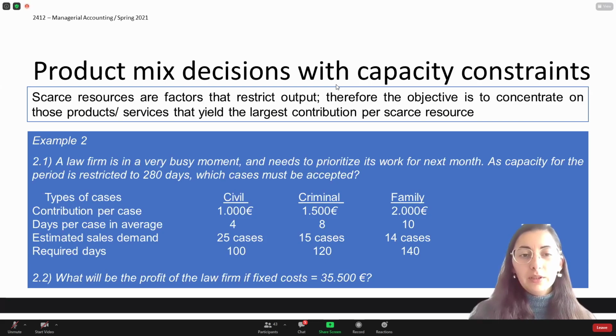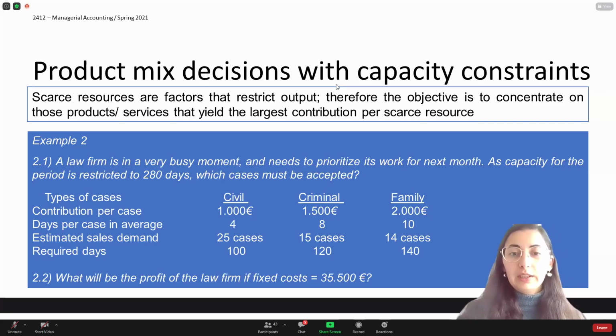With 100 days for civil and 140 days for family, out of 280 days available, we are left with 40 days. We will use these 40 days on the criminal cases, which give the lowest contribution margin per case per day. If we divide the 40 days by the 8 days each case takes, we can do 5 cases. I don't know if this answers the question.